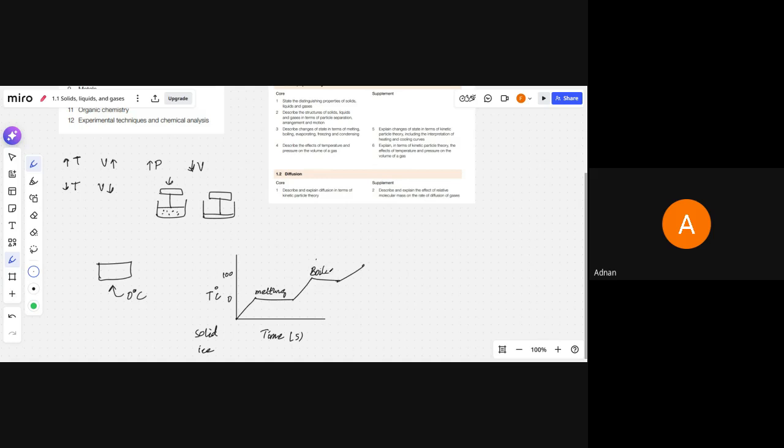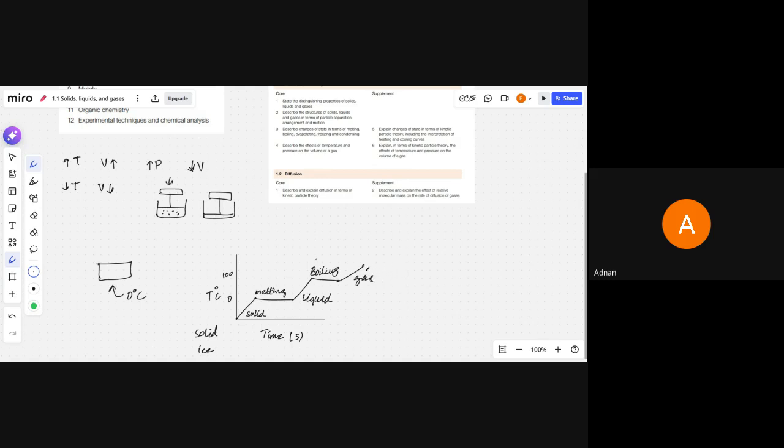So again, the temperature will stop changing, right? So here water is existing as a solid, here water is existing as a liquid, and here water is existing as a gas, right?